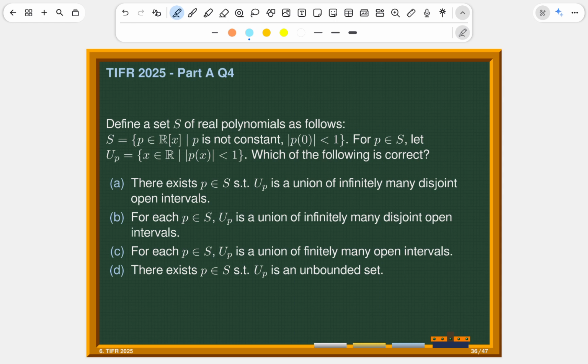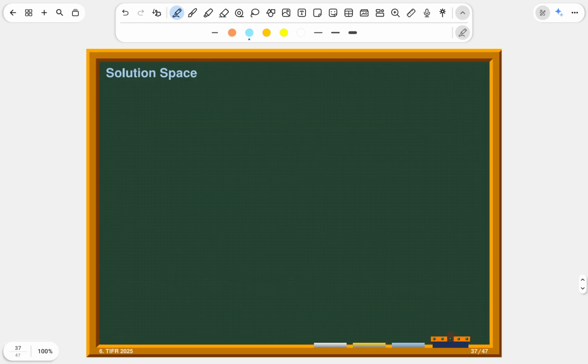So then again, what you should be immediately getting into hand is that the set UP, which is defined to be the collection of all those real numbers x such that modulus of Px is less than 1, is exactly P inverse of the interval -1 to 1.